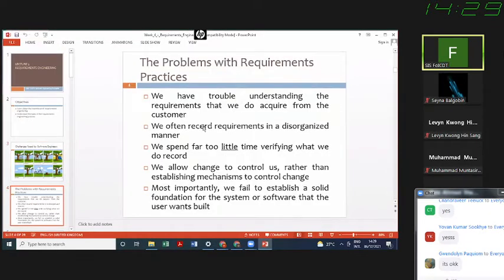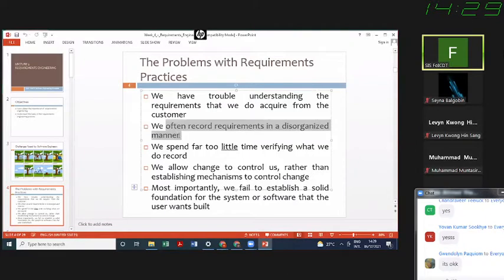Okay, so the problems with the requirements practices, what we find here is that we have trouble understanding the requirements that we do acquire from the customer. So even the recording of these requirements is perhaps done in a disorganized manner.